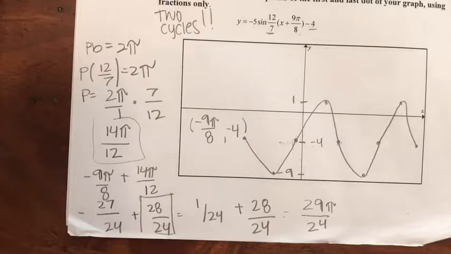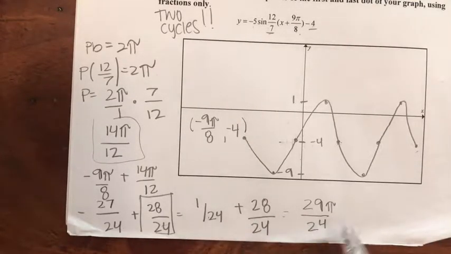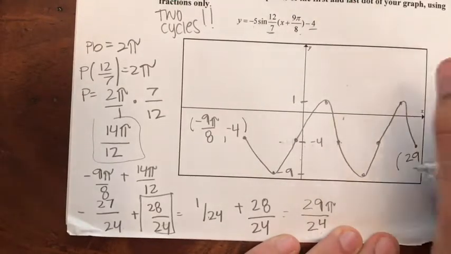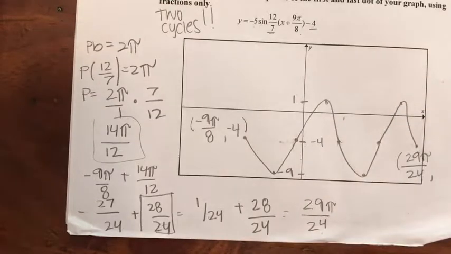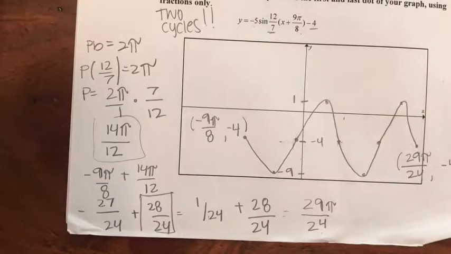But since it's 2 cycles, you're going to label the second cycle, which is the number you found after you added another 28 over 24, which in this case was 29 pi over 24. And just like before, you use the middle point, and it is negative 4. And that's your final answer.